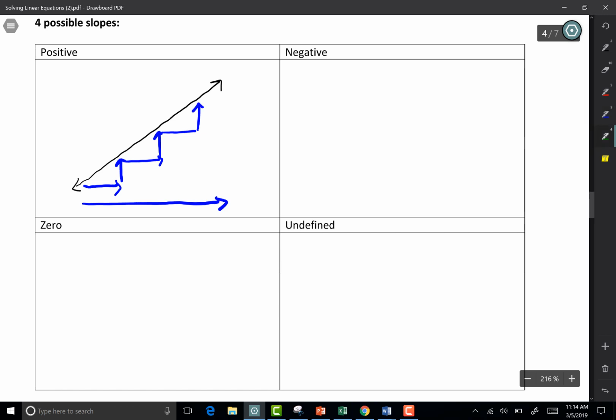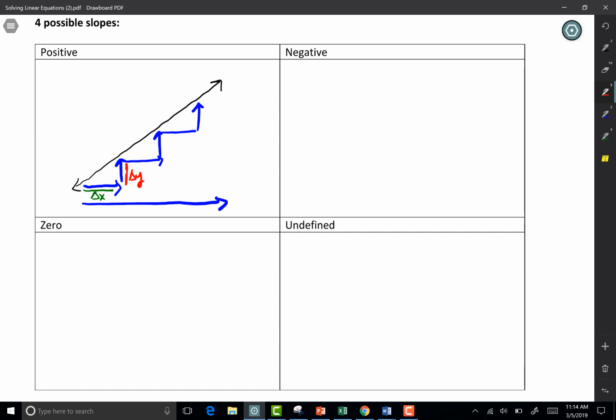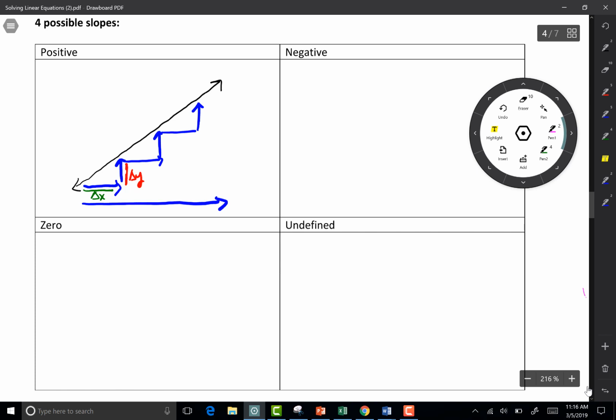So this would be your change in x, this distance from here to here. And this distance from here to here is your change in y, because y is your vertical change and x is your horizontal change. So for example, if I had a point here, just making something up, let's say this was the point (0, 3), and let's say this was the point (2, 5).